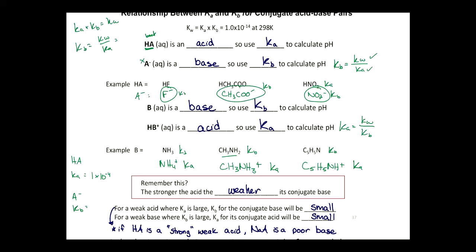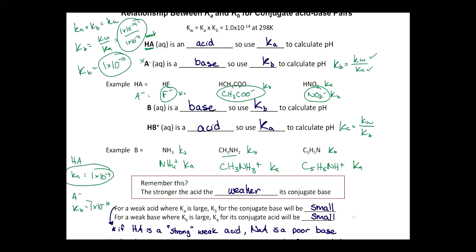So Kw over Ka is 1 times 10 to the negative 14 over 1 times 10 to the negative 4. If you do this math in your calculator, and hopefully you'll do it enough that you just see how dividing exponents works, you'll see that Kb is equal to 1 times 10 to the negative 10. Basically it's the difference of the exponents. So for A minus, Kb is 1 times 10 to the negative 10.